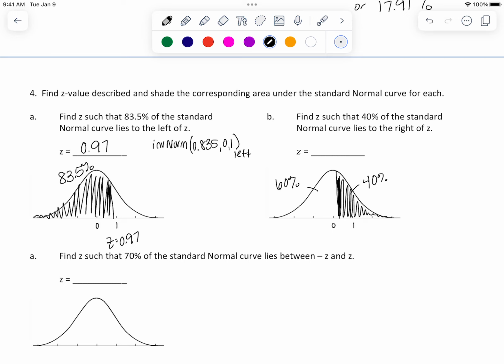So you can do this as inverse norm of 0.601, or if you have the calculator with left, right, center, you can do inverse norm of 0.401 and type right. Either way, this will give us a z value of 0.25.